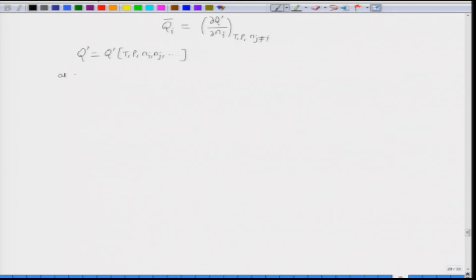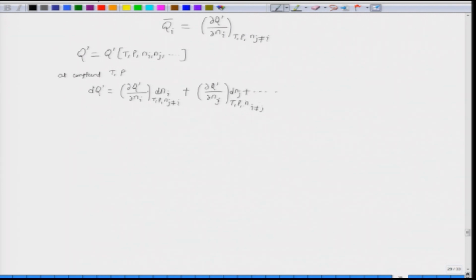So, at constant temperature and pressure we can define its differential as dQ prime is equal to dou Q prime by dou Ni at constant temperature, pressure and Nj, j not equal to i, dNi plus dou Q prime by dou Nj at constant temperature, pressure and Ni, i not equal to j, dNj and so on.